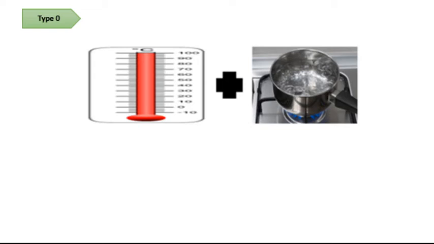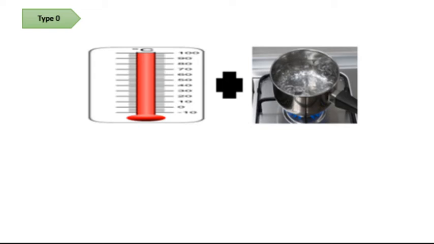So the first situation we have here in type 0, or conditional type 0, you can see a thermometer and water in a pot. Look at the temperature. We have 100 degrees Celsius. So what happens to water if it reaches 100 degrees Celsius?